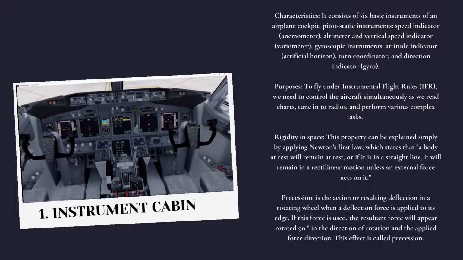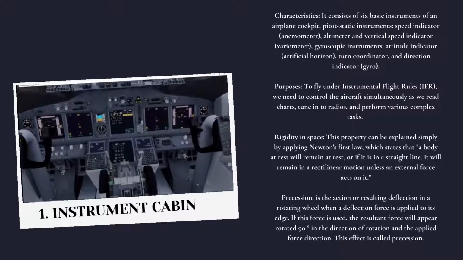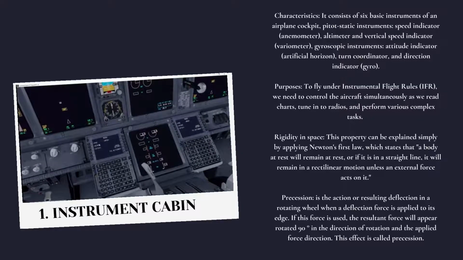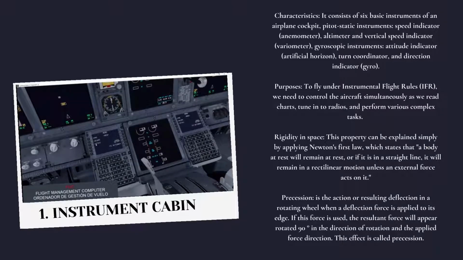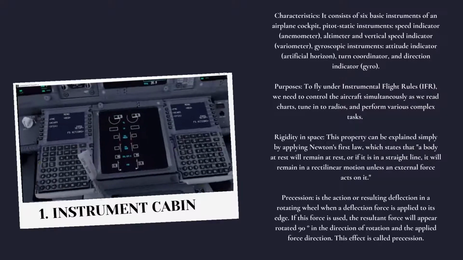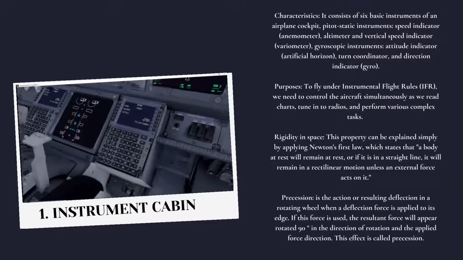Precession is the resulting deflection in a rotating gyroscope when a deflecting force is applied to its edge. If this force is applied, the resultant force will appear rotated 90 degrees in the direction of rotation from the applied force direction. This effect is called precession.